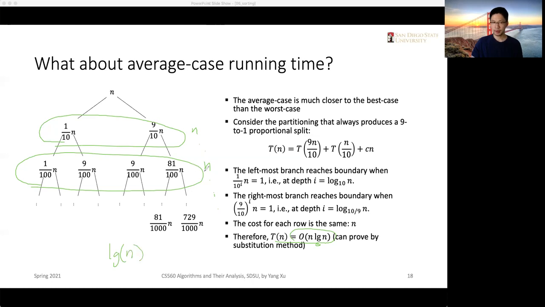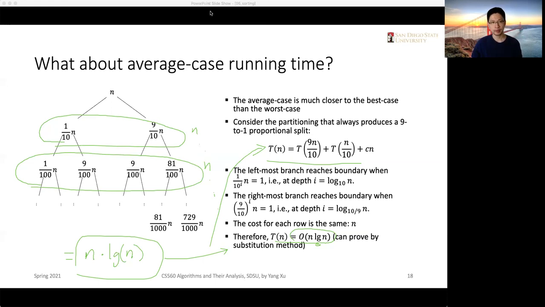We have that many depths, and at each level the summation is n. So in total, it would be n times logarithm of n. But we are not sure if this is correct. We need to prove it with the substitution method. Luckily, if we use this as a guess for the solution and substitute it into this equation, we will finally prove it. It's correct.